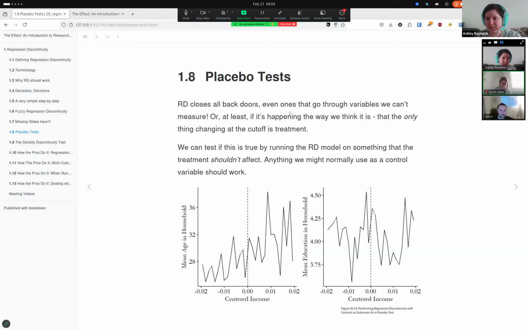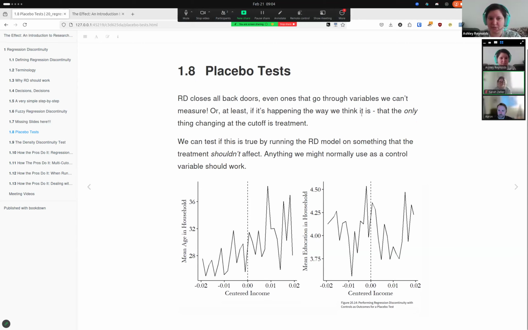So we can test whether that is actually the case by running the regression discontinuity model on something that the treatment shouldn't affect. Anything we might normally use as a control variable should work here. We've got an example where we've taken the standard income and run it against mean age in household as well as mean education in household, both things that are control variables in this sense.